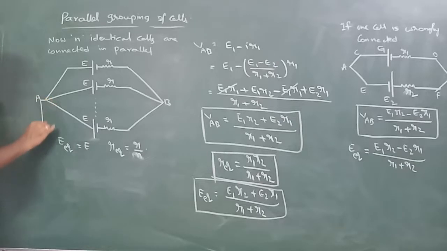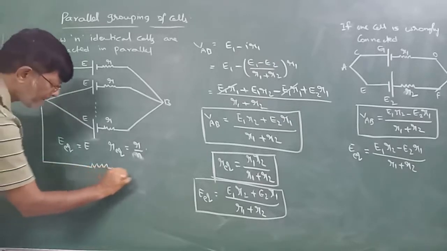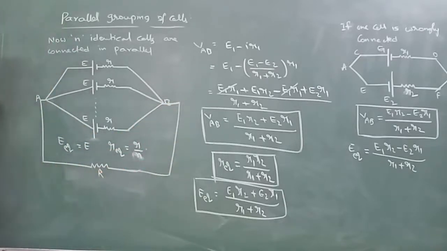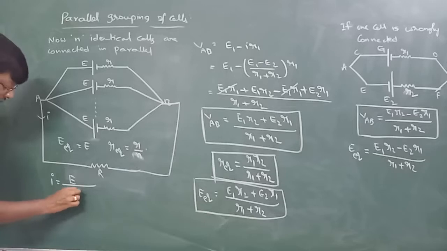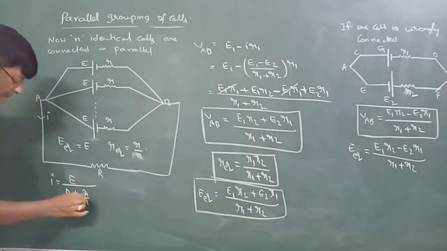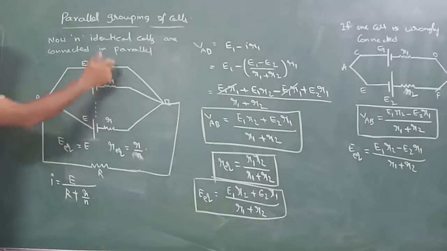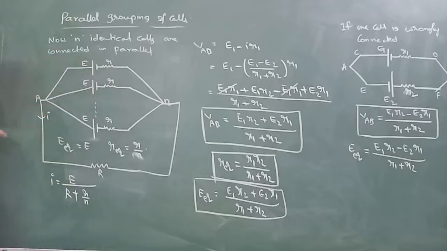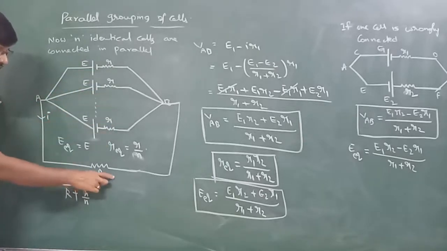Now, this combination is connected to an external resistance R, then I is equal to effective EMF E by effective resistance, capital R plus r by n. r by n is the effective resistance of n small resistances connected in parallel, and to this combination this is connected in series.